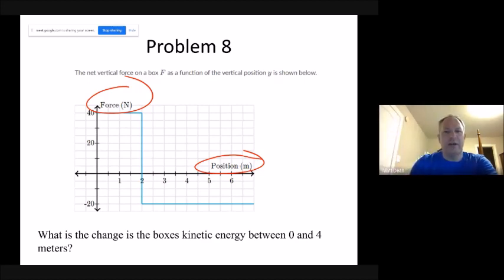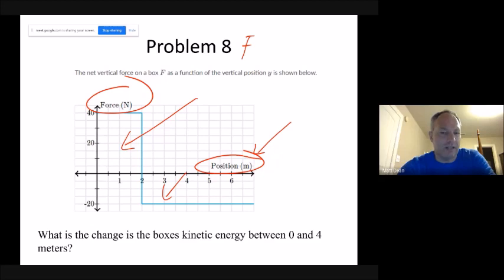What you want to think about here is finding the area under a curve, which is what we're going to do. So we want to find the area under this curve. When you're finding an area, essentially what you're doing is multiplying whatever's on the y-axis, which in this case is force, times whatever's on the x-axis, which in this case is distance or position. Remember that force times distance is work.